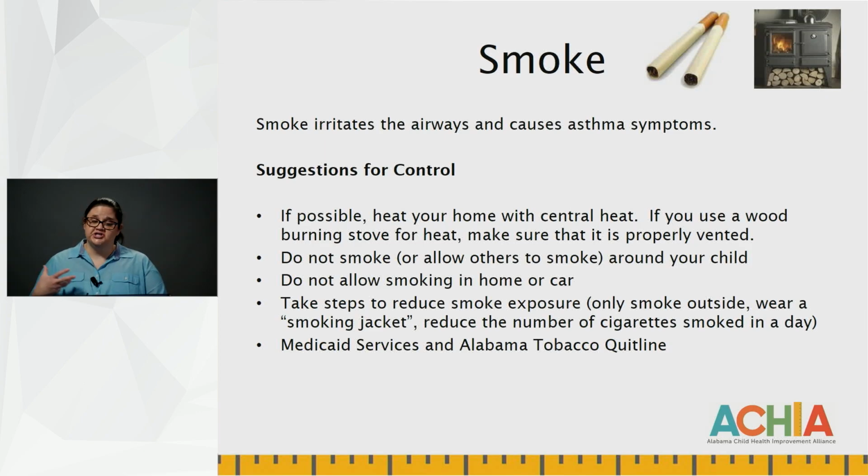Having the smoker wash their hands and face and brush their teeth after smoking can also reduce that. And then encourage smokers to utilize the Medicaid smoking cessation tools and the Alabama Tobacco Quit Line tools.